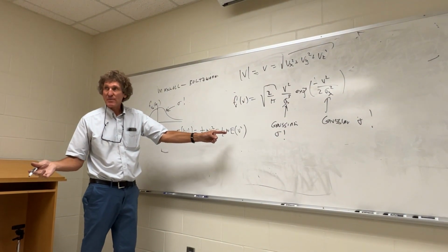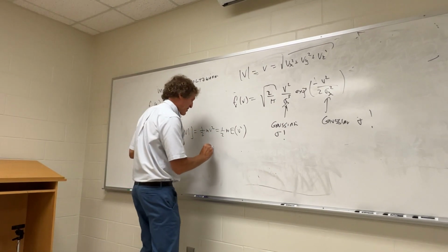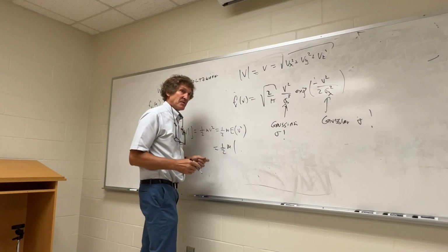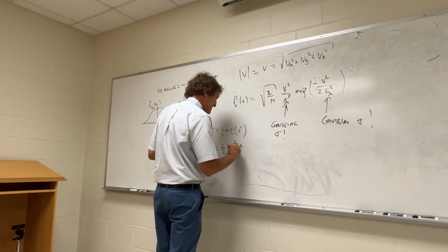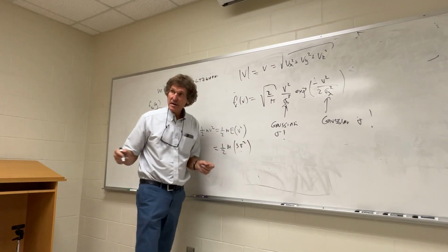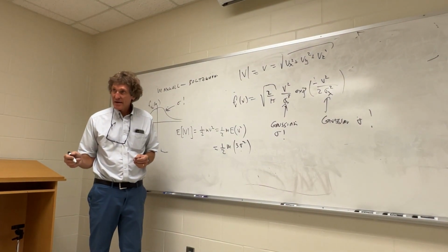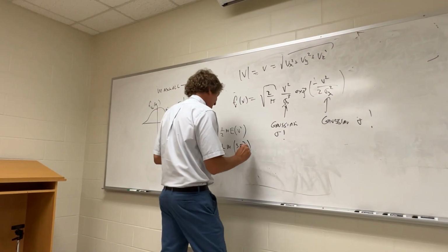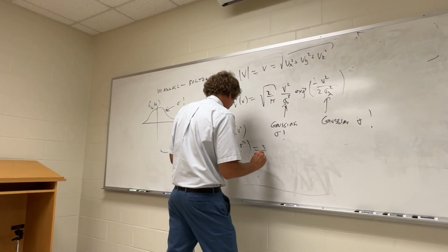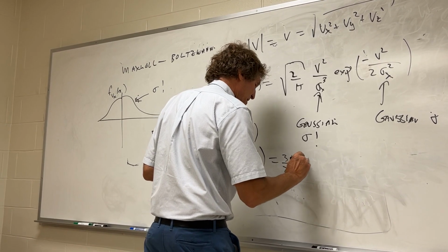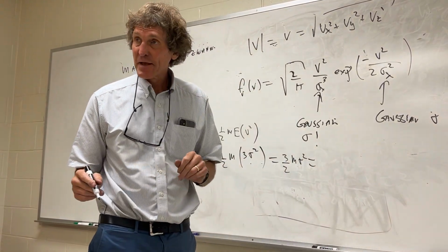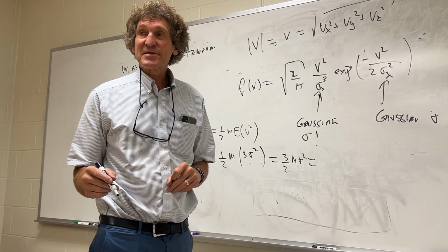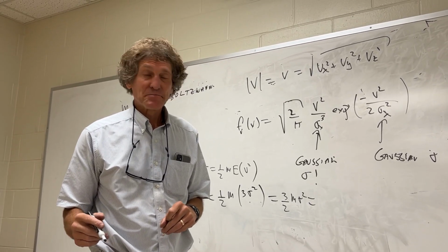It's the second moment, right? So that's equal to 1/2 m, the expected value of v squared is 3 sigma squared, right? All right, so that means that's going to be 3/2 m sigma squared is equal to what? The energy, right? What's the classic energy in a gas?